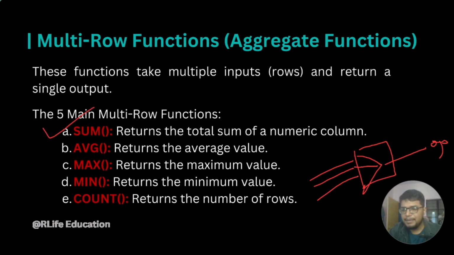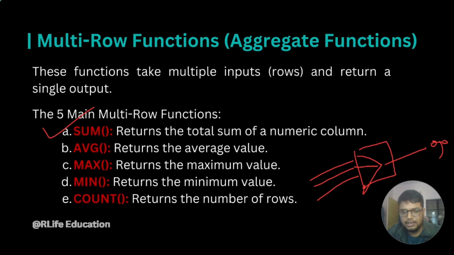Sum. By the name itself, we get one idea. Whenever we have to find the sum, we use the sum function, this multi-row function. In case of average, if you have to find the average, you don't have to write logic by yourself. You just have to use this multi-row function and it is going to give you one result.